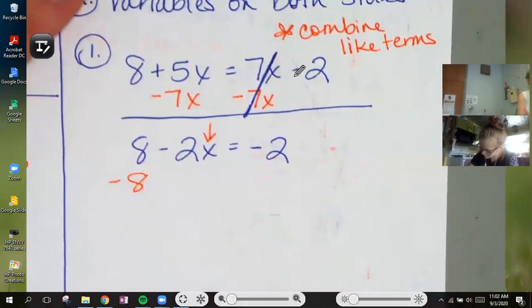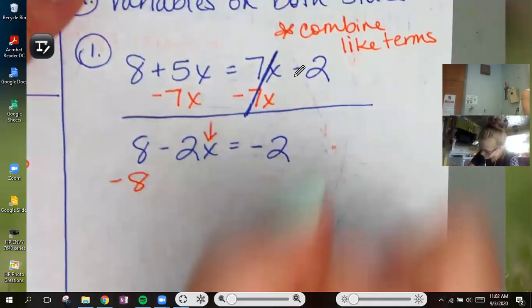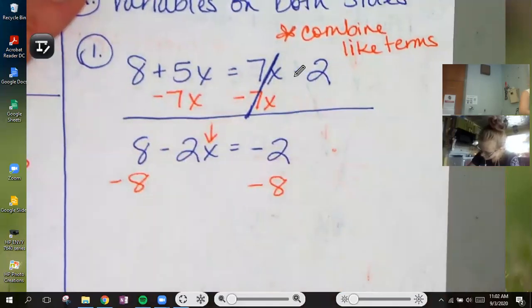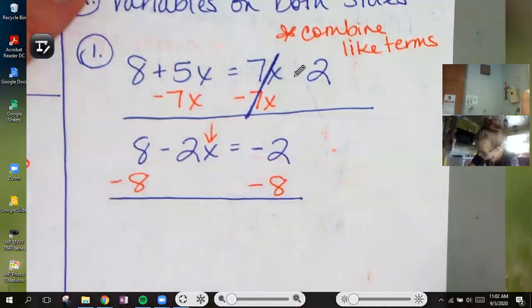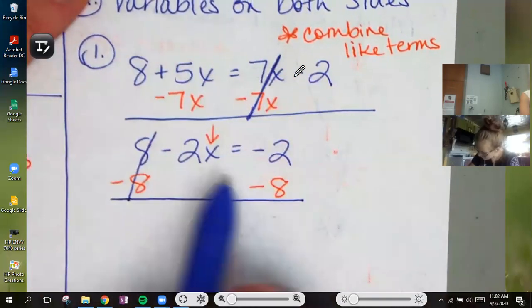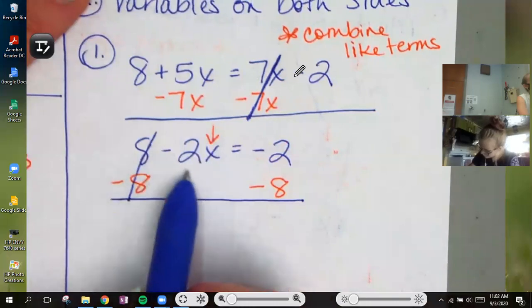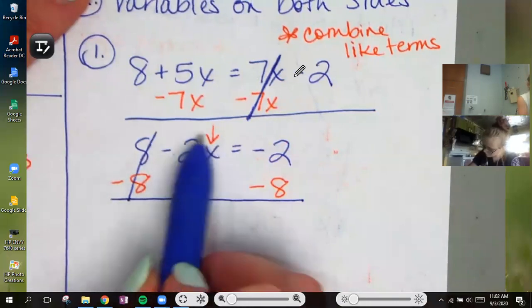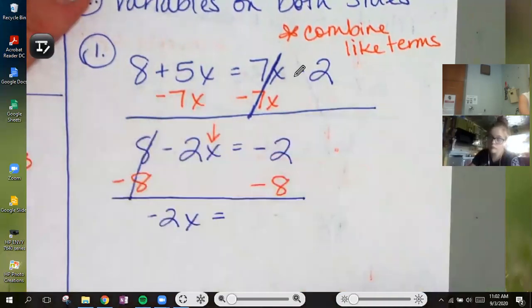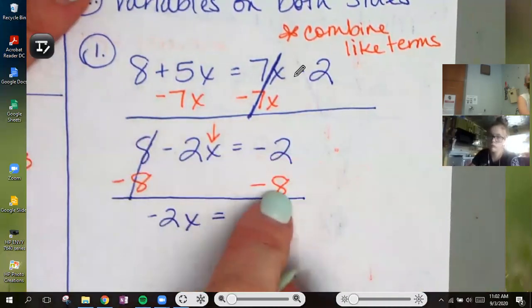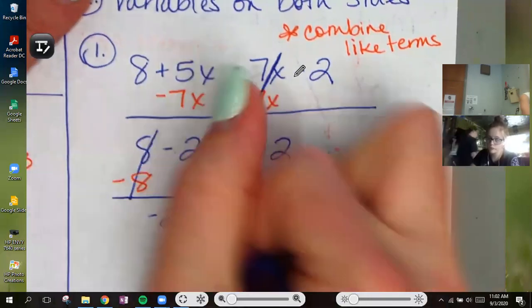Okay, if I do it to one side, I've got to do it to the other side. That would be negative 10, right? Yes, ma'am. All right, what's left on this side of my equal sign? Negative 2x. And we said negative 2 minus 8 was what? Negative 10.